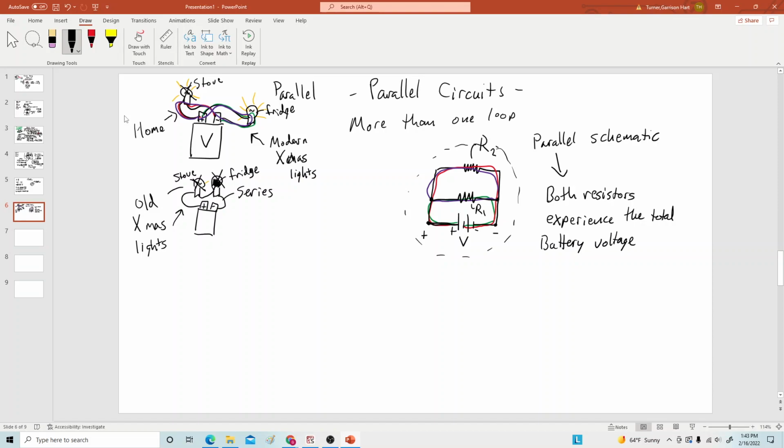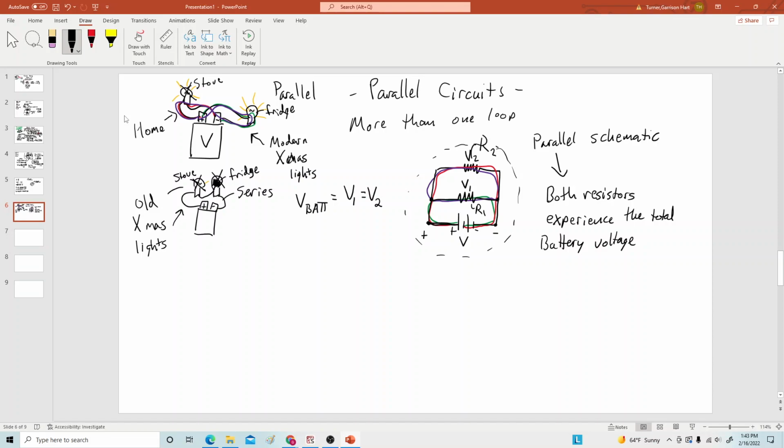So the voltage across the first resistor and the voltage across the second resistor all equal the voltage of the battery.